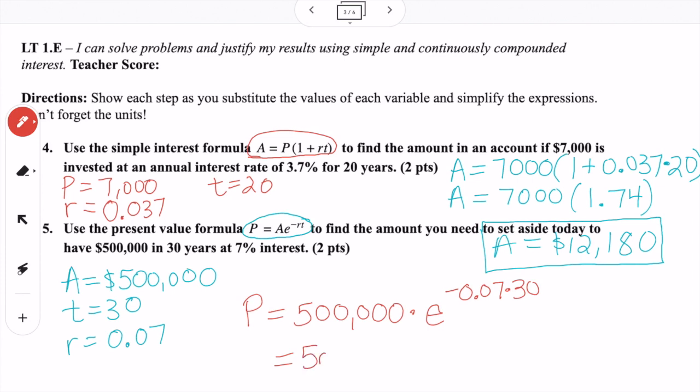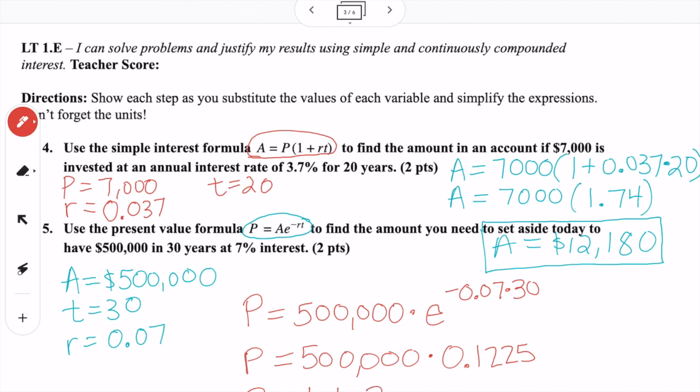This simplifies to 500,000 times 0.1225. And I made sure to do the exponent before I multiply here. My last step will be to multiply, which gives me my starting amount.